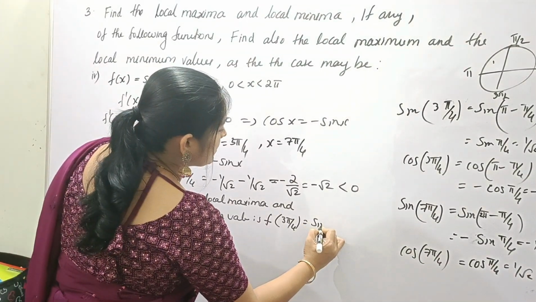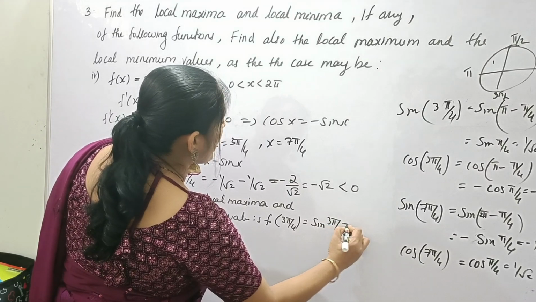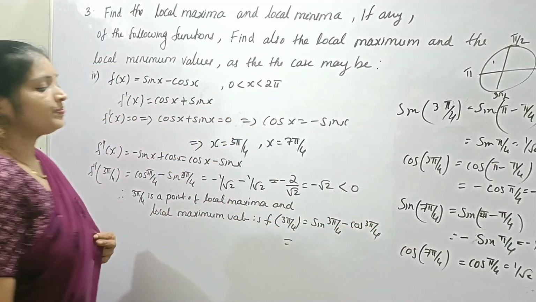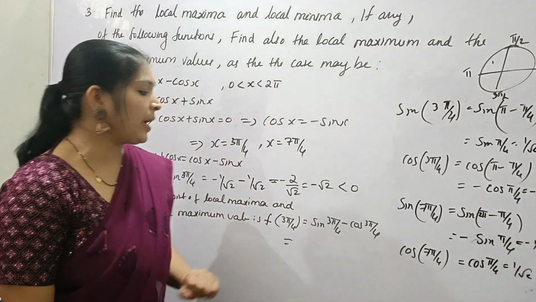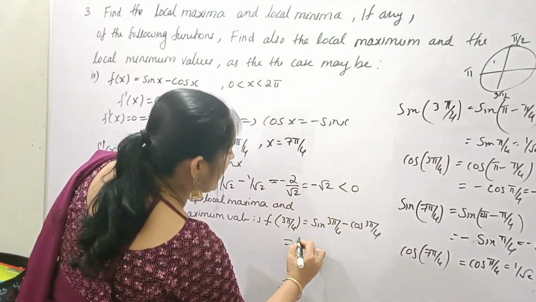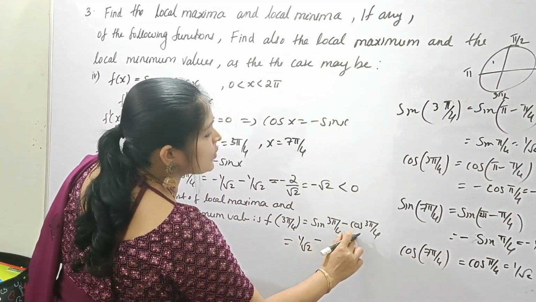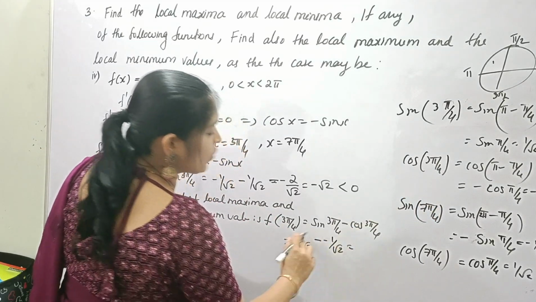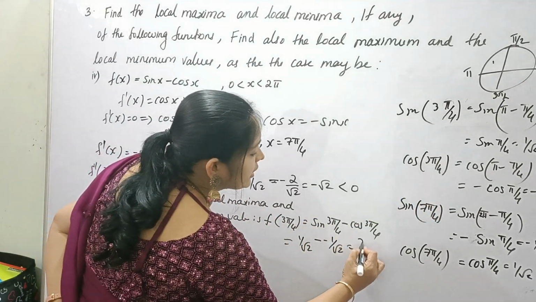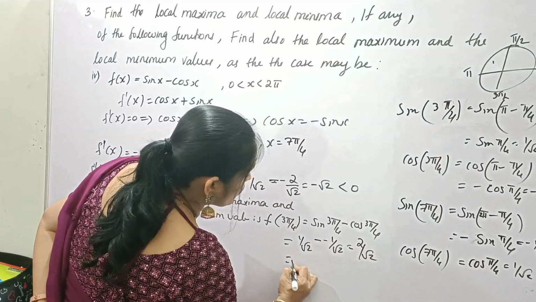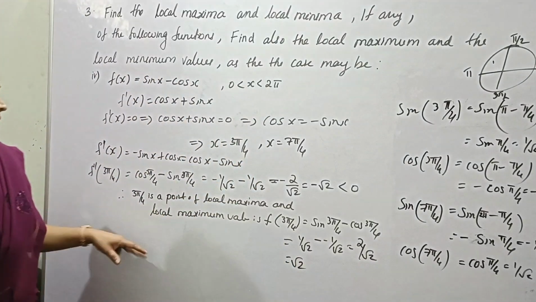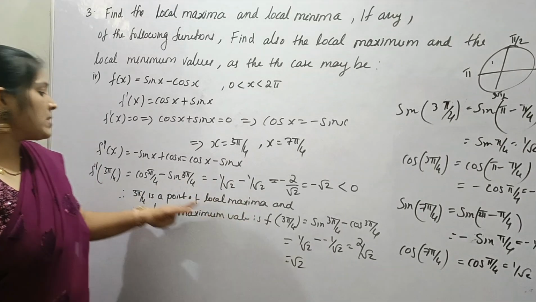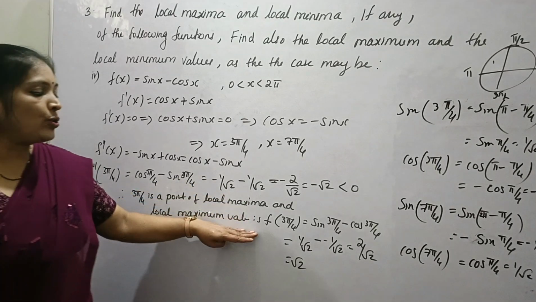That is sin 3 pi by 4 minus cos 3 pi by 4. Here sin 3 pi by 4 is 1 by root 2, minus cos 3 pi by 4, which is minus 1 by root 2. That is 1 by root 2 plus 1 by root 2, that is 2 by root 2, that is equal to root 2. So 3 pi by 4 is a point of local maxima and the local maximum value is root 2.